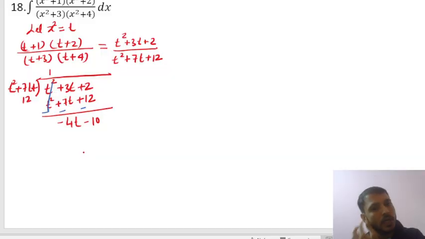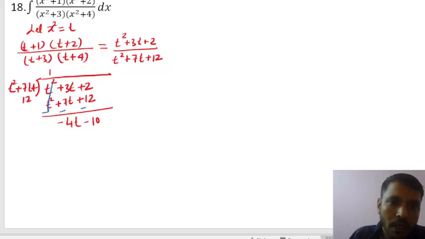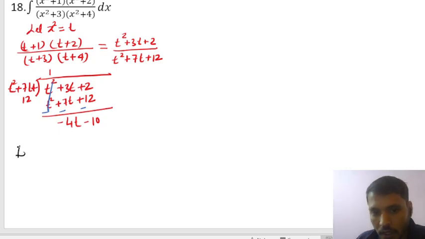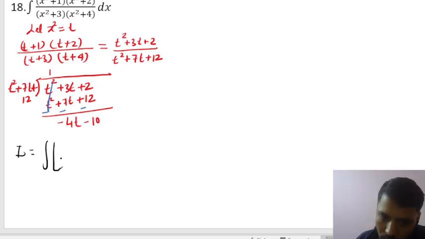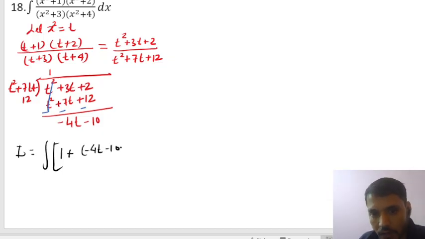Right? So this we are getting, means now we can write our I. I am considering this given question as I. So I equal to, we can write in this form. That means quotient is 1 plus remainder, minus 4t minus 10, divided by divisor.